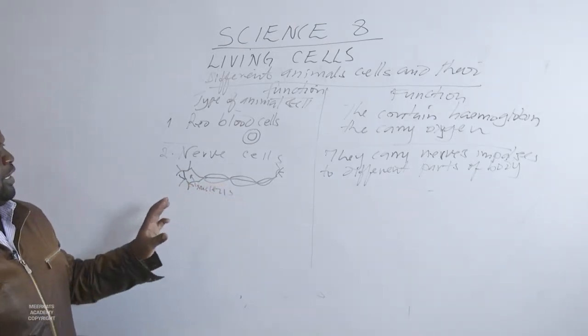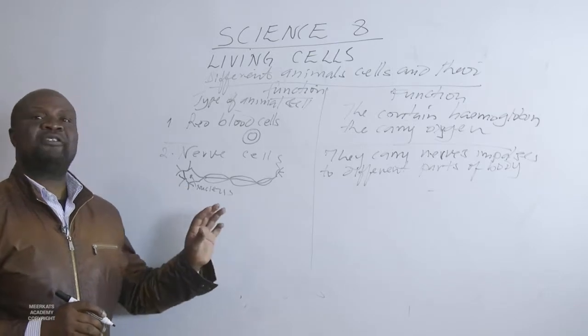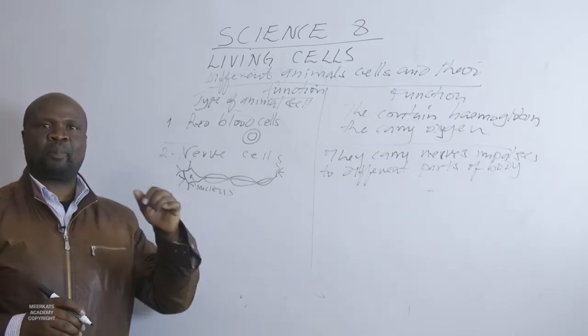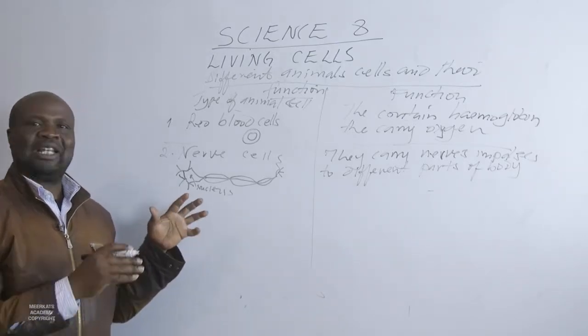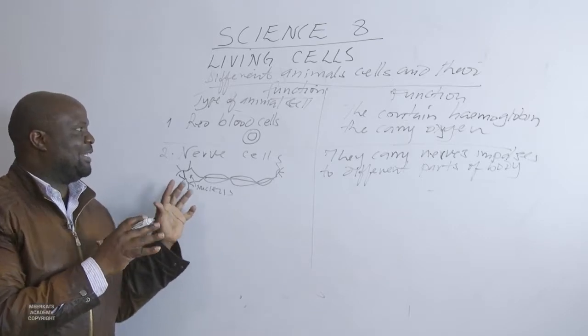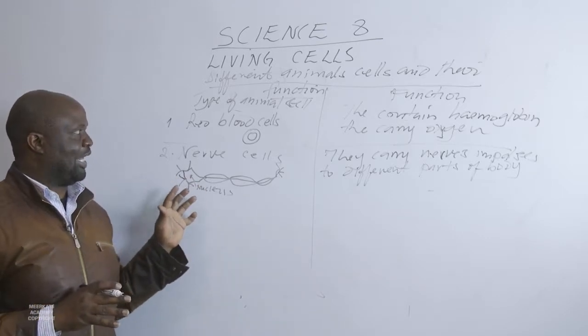Now, you can see how a nerve cell is well equipped to perform its function. Look at the dendrites, the way they are. This is how a nerve cell looks like.